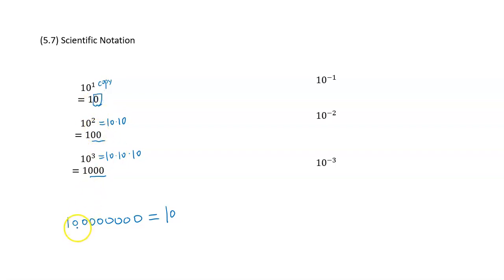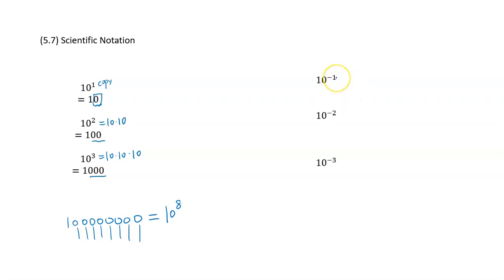So we count 1, 2, 3, 4, 5, 6, 7, 8, and we can write this number as 10 to the 8th. Again, writing down 10 to the 8th is much quicker and easier than writing down a number with so many zeros.